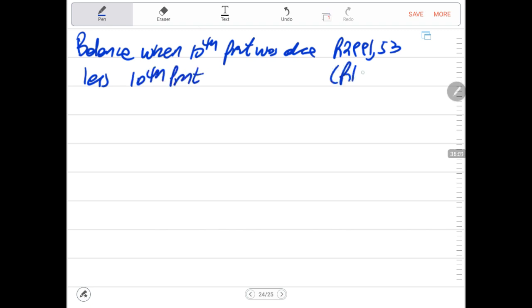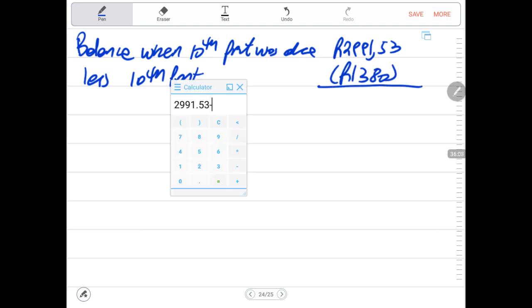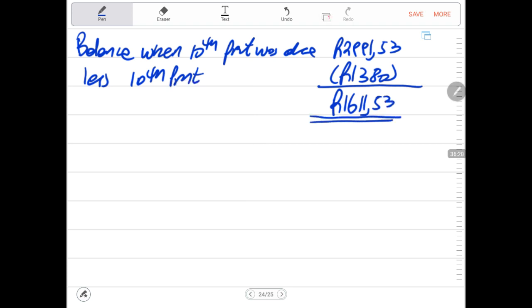The 10th payment is 1,380. It was no longer the same as the regular payments. Then we say minus 1,380. We get 1,611 rand 53 cents. So now this is the balance after a different payment on the 10th payment was made. So this is our balance.